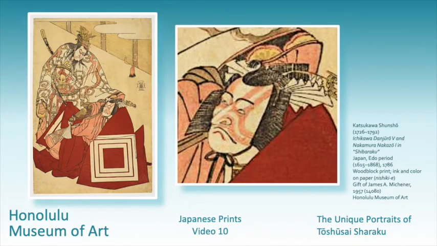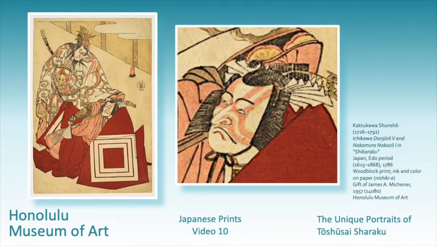In our previous video, we discussed Katsukawa Shunsho, who designed kabuki actor portraits from the 1760s through the turn of the 19th century. These prints were known as nigaoe, literally facial resemblance pictures, because of Shunsho's inclusion of facial characteristics particular to the sitter.